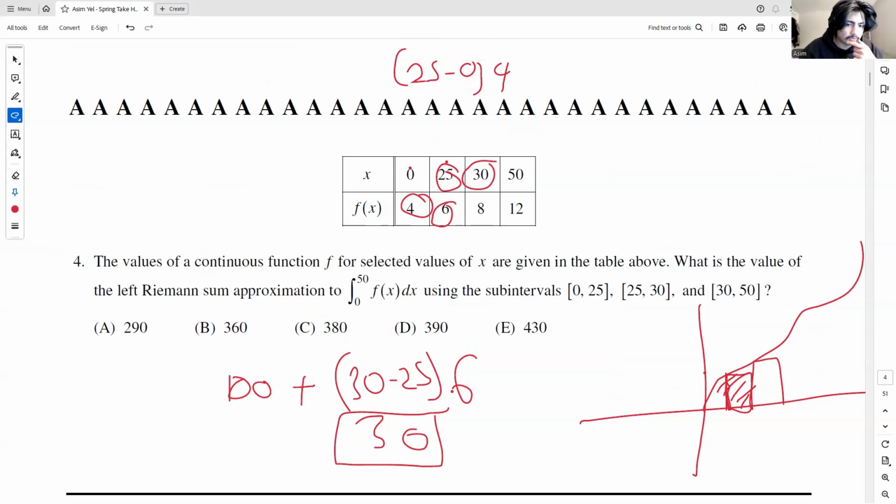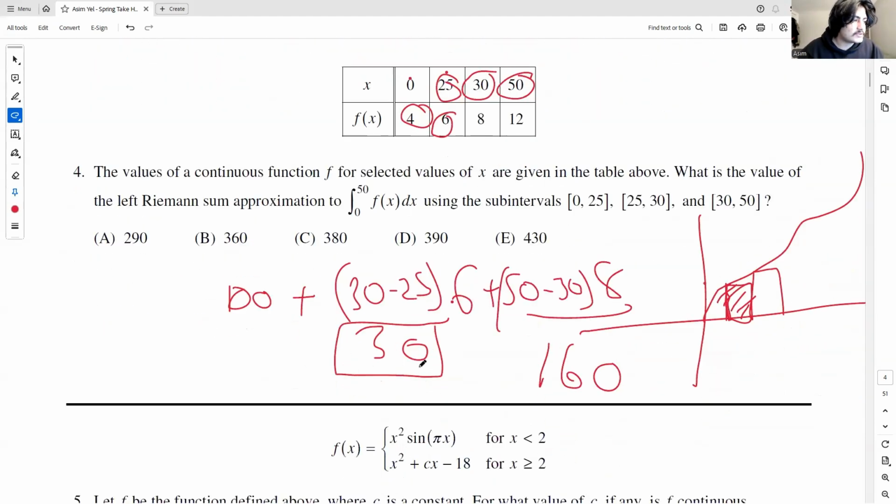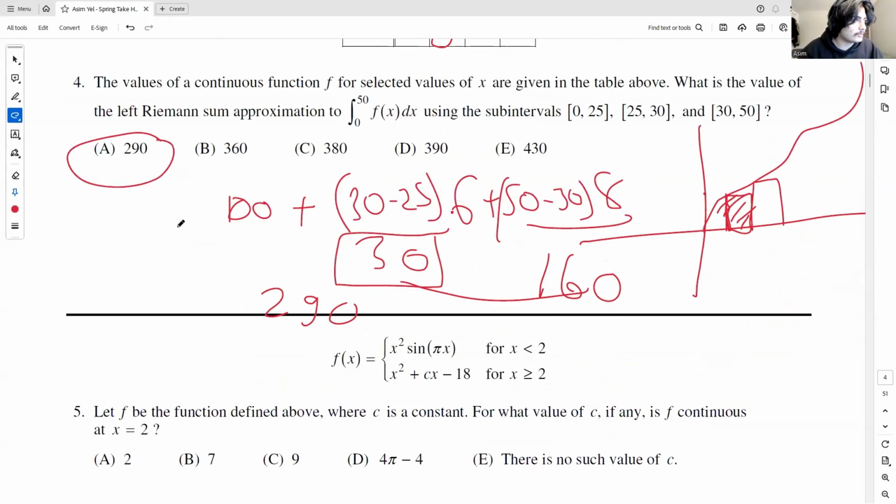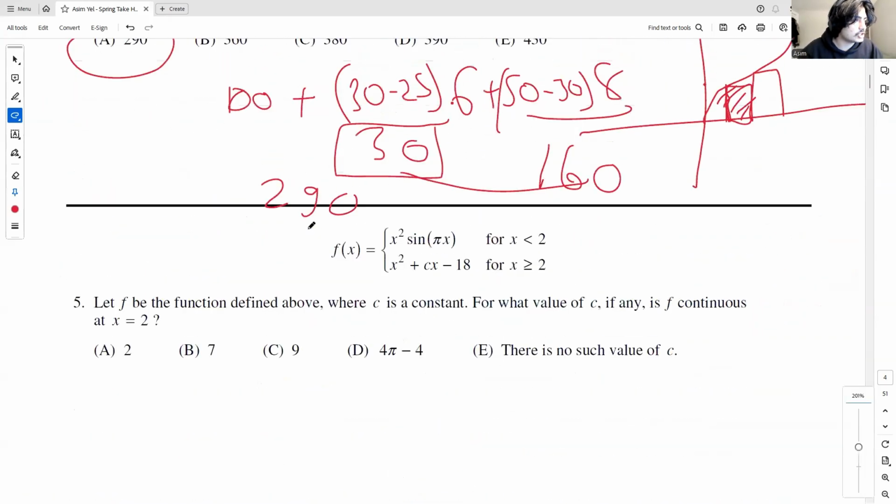Yeah, looks correct. And now, last but not least, what did I get? 50 and 30. So we're going to say plus 50 minus 30 times 8, and this gives me 160. Now, adding these values, I get 290 as my left Riemann sum approximation of the integral.